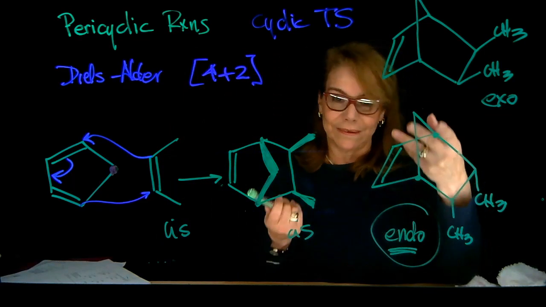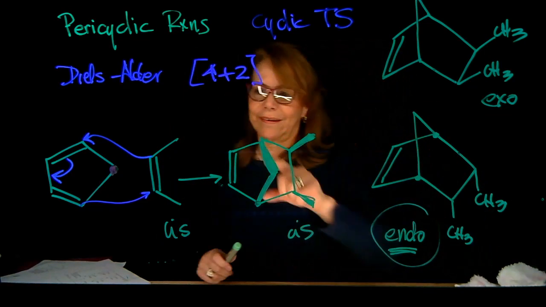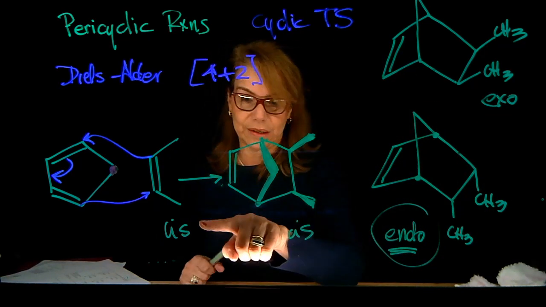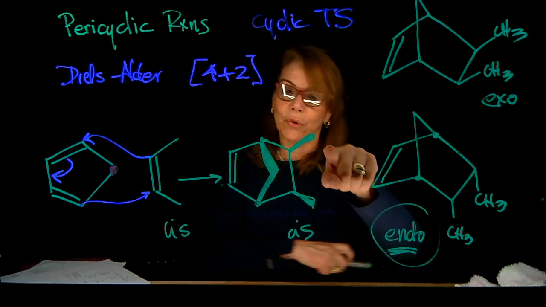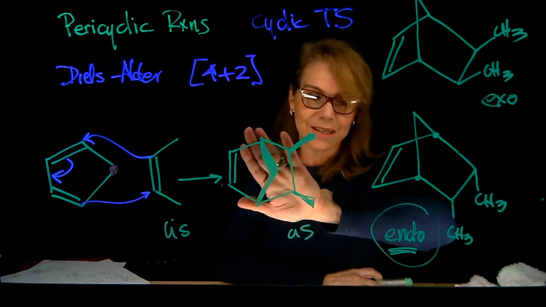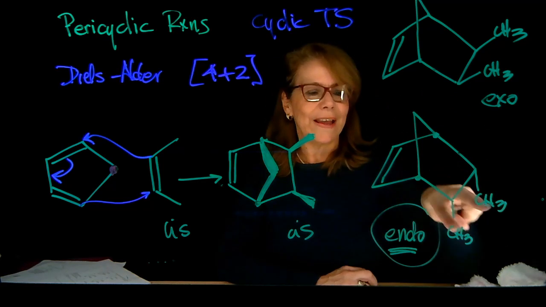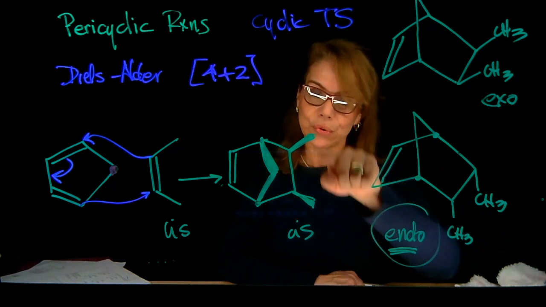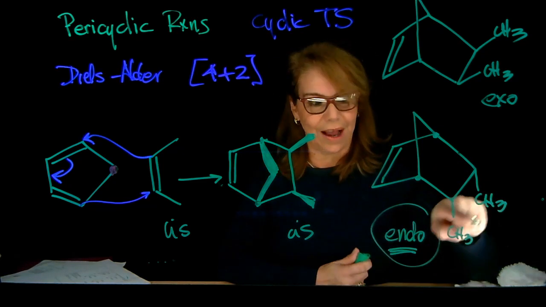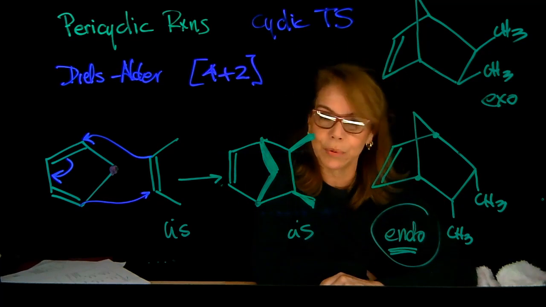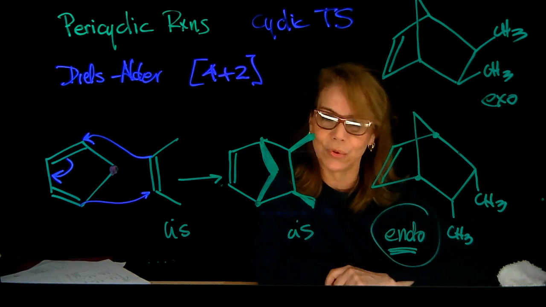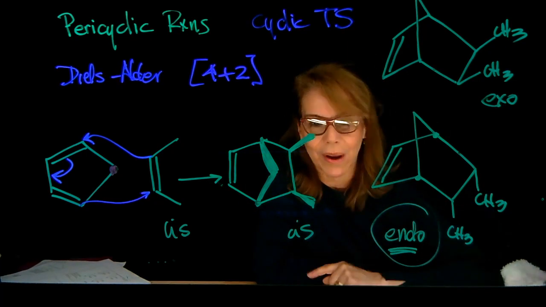That's not the case in this particular example, where we have the 2 substituents on the same side. So we started with the cis, did this drawing flat, and then this is the perspective. That's your bridge, and you need to keep these 2 substituents on the same side. But the preferred product is the endo, which has these 2 pointing away from that carbon.